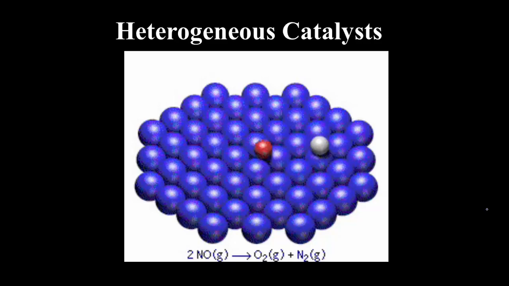The molecule decomposes, each atom remaining on the surface. When another NO molecule comes to the area, it also decomposes, and its N atom bonds with the other N atom on the platinum surface. The O atoms also combine. The gaseous nitrogen and oxygen molecules then float away from the surface.